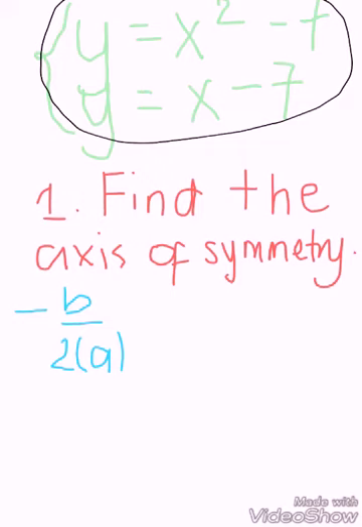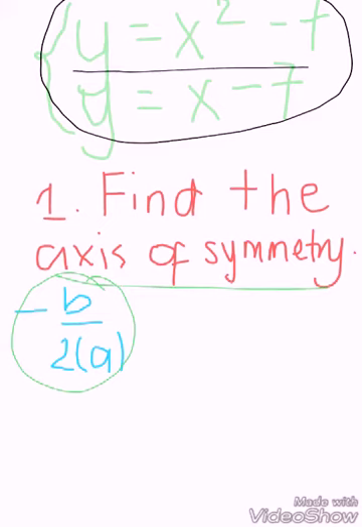So in graphing this equation, we need to find the parabola. In order to find the parabola, we need to find first the axis of symmetry in the form of negative b over 2 times a. So we're going to substitute using this equation: y equals x squared minus 7.